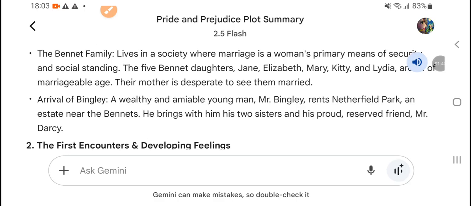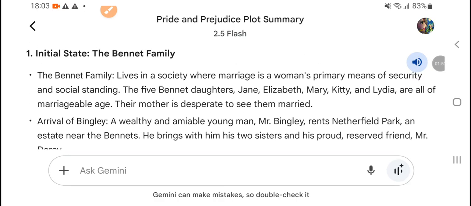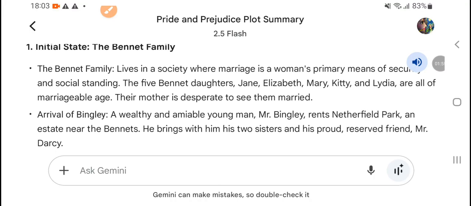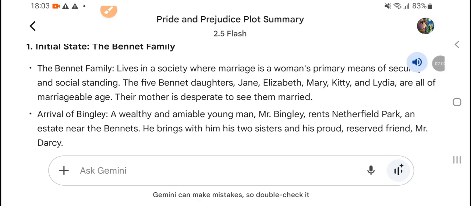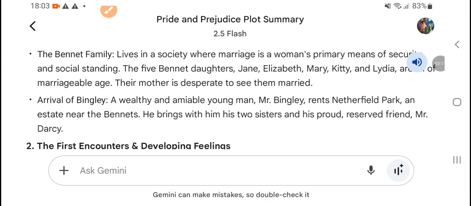The Bennet family lives in a society where marriage is women's primary means of security and social standing. Pride and Prejudice reflects the societal status of London society, right? What's the significance of marriage?